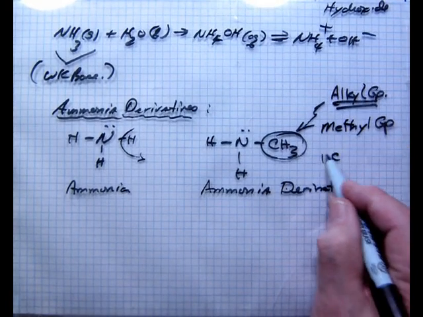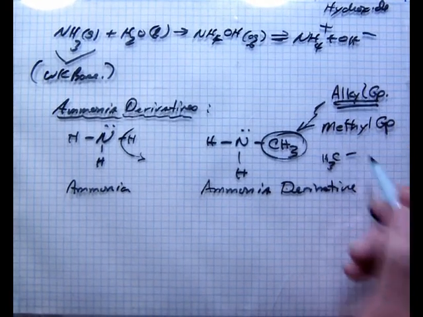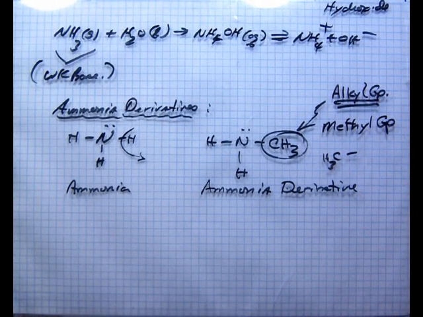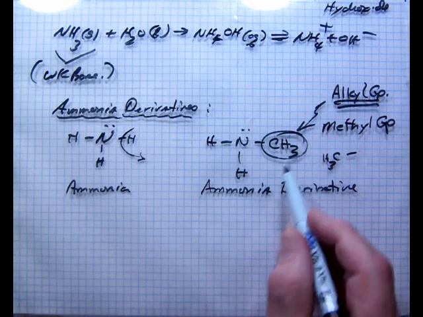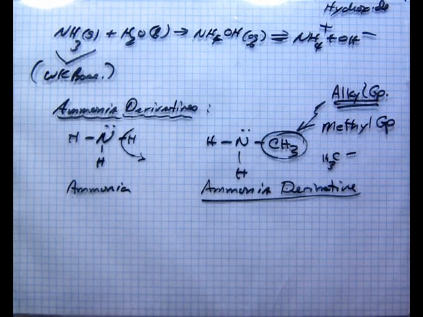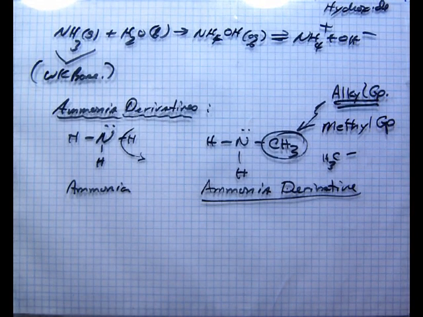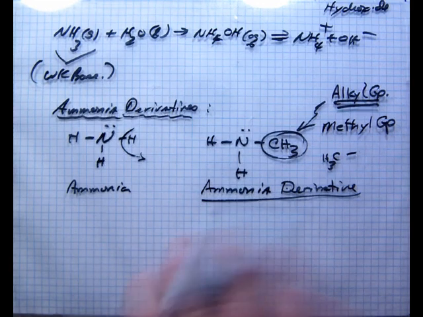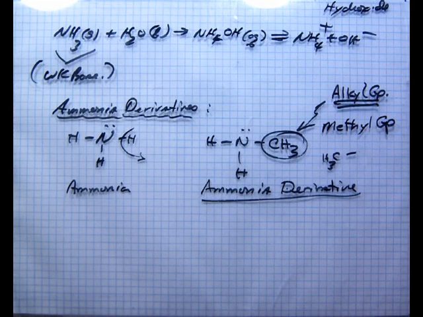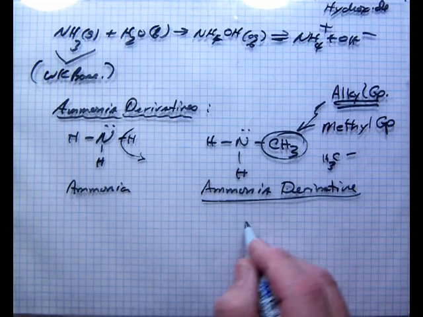And it is 3 hydrogens and a pair of electrons, which forms the bond in that context. And on the end, it hooks up wherever it needs to hook up. Well, the ammonia derivatives are collectively called amines.